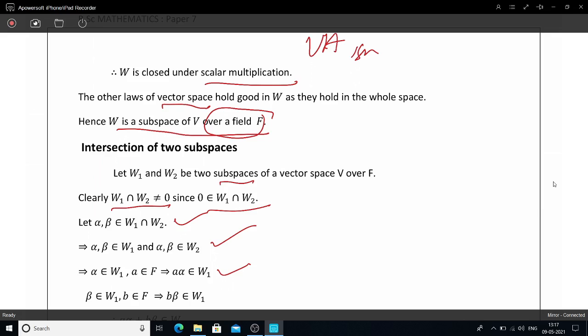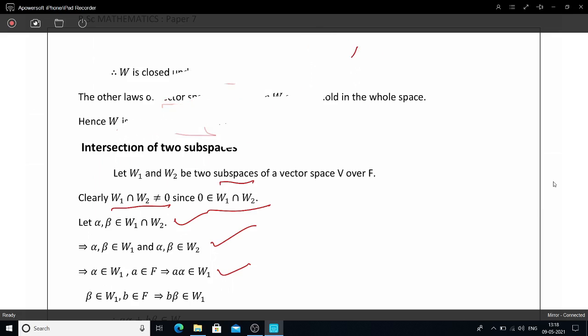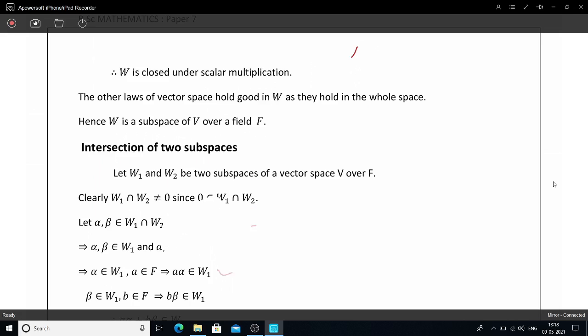Let me take the intersection of two subspaces first. If W1, W2 are two subspaces, their intersection is non-empty because the additive identity element 0 exists in W1 intersection W2.